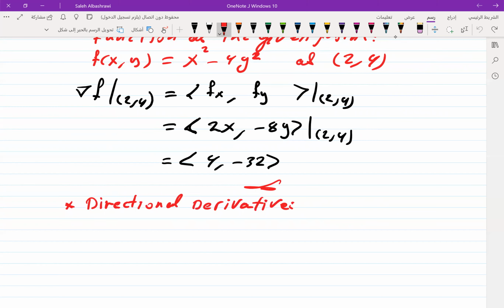The directional derivative is defined as, okay, let's start with the definition now.